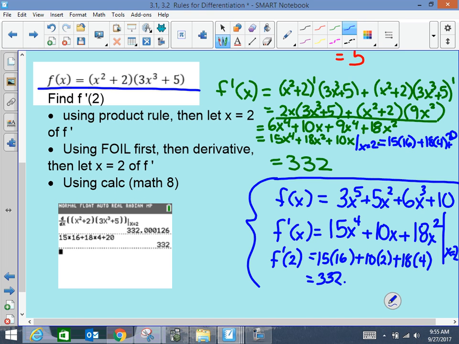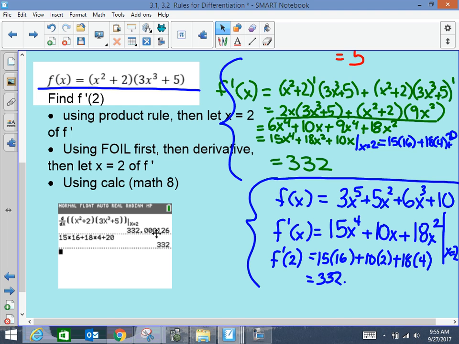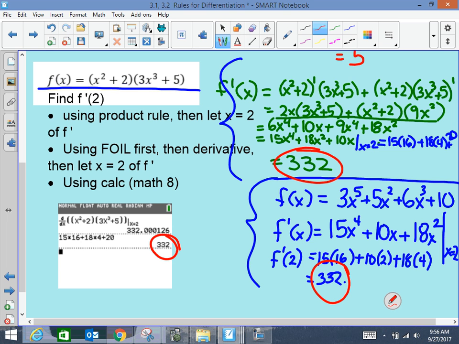Yes. Okay. You got the same answer, so if you feel like it's easier to multiply first and then find the derivative, have at it. Bottom line, it doesn't matter. You have the same thing. Any questions? I have a question. Yes. Can you put it in the calculator?